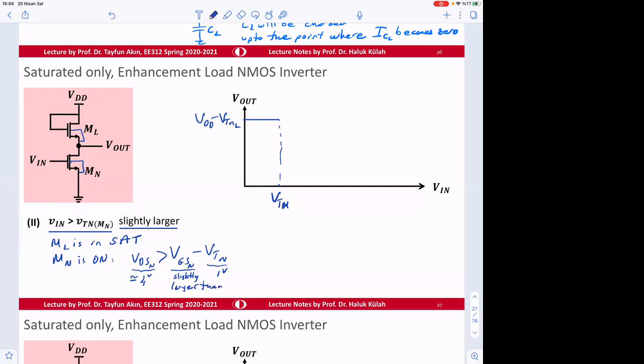Larger than VTN, therefore this will be in SAT also. So both transistors are in SAT.